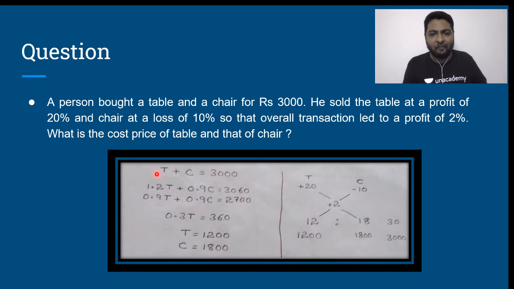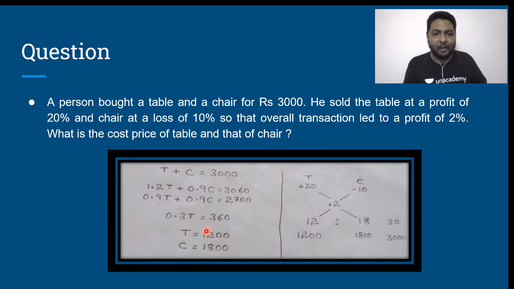Now take the first equation, multiply it by 0.9, you will get 0.9T plus 0.9C is equal to 2700. Subtract one equation from the other. 1.2T minus 0.9T is 0.3T. 0.9C minus 0.9C gets cancelled out. 3060 minus 2700 is 360.